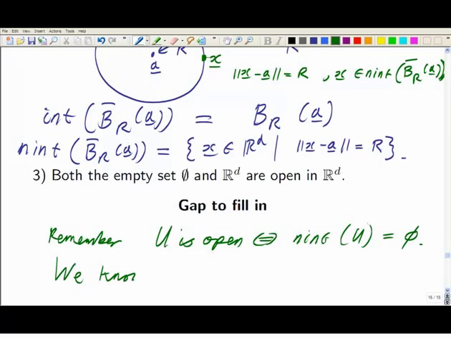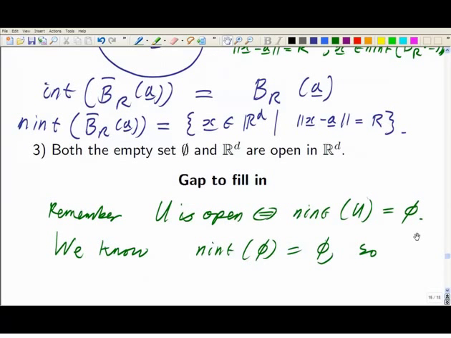So think about whether the empty set's got any interior points. Well, of course, it doesn't have any interior points. But nevertheless, every point of the empty set is an interior point of the empty set, because there aren't any. That's vacuously true. But because that's hard to think about, I think it's better to think about the interior.